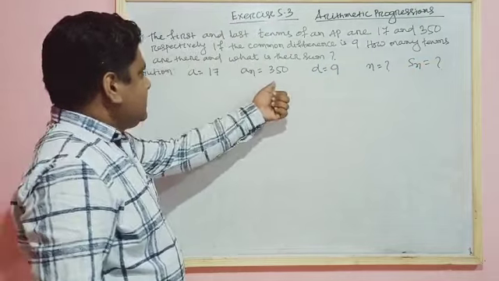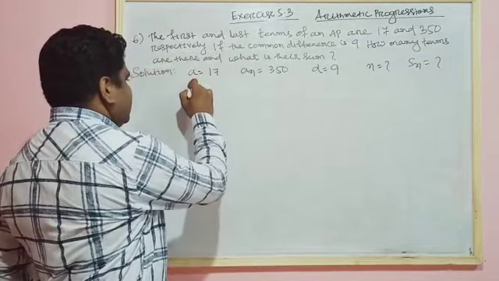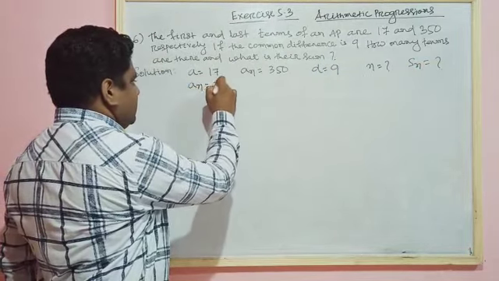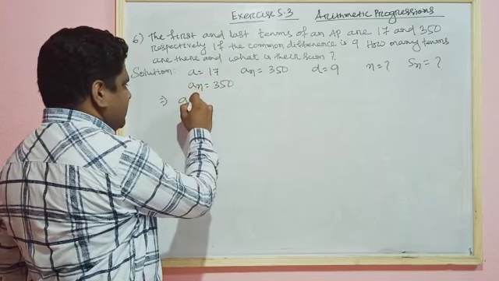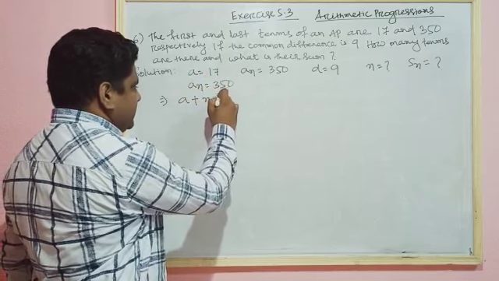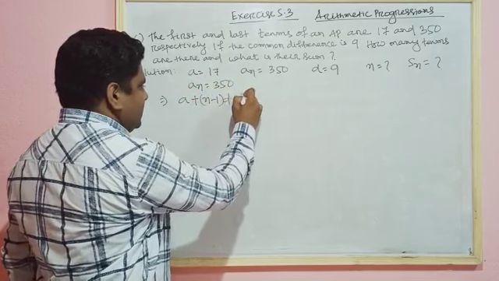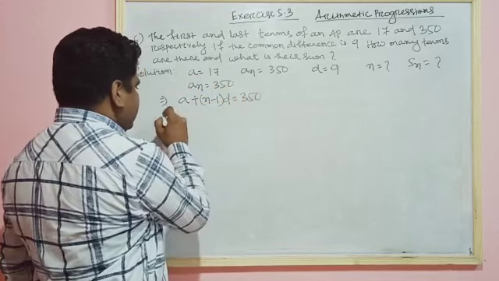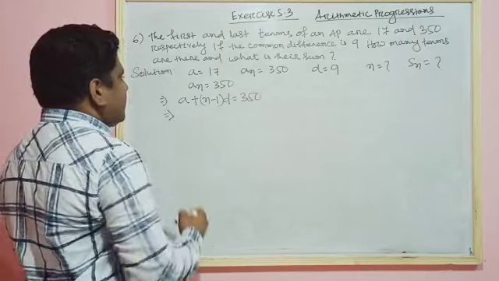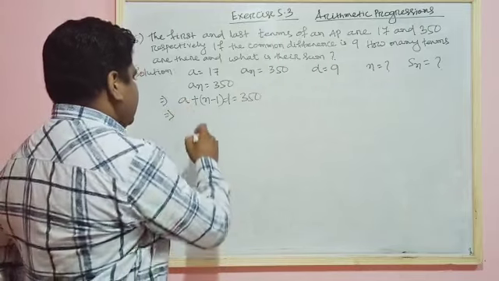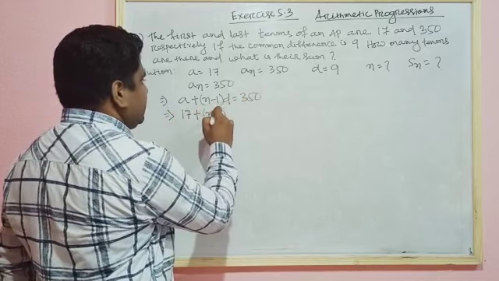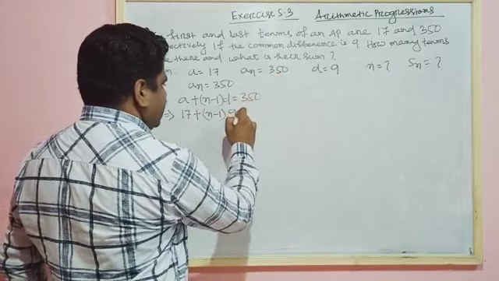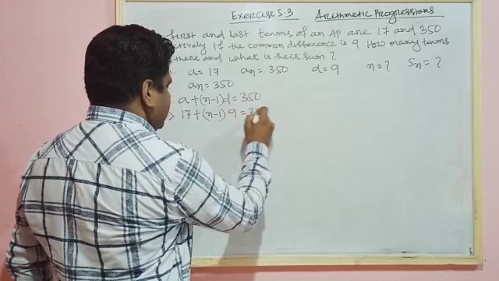So an equal to 350, it is given. This implies that in place of an we can write a plus (n minus 1) into d equals 350. So in place of a we can write 17 plus (n minus 1) into d, which is 9, equal to 350.